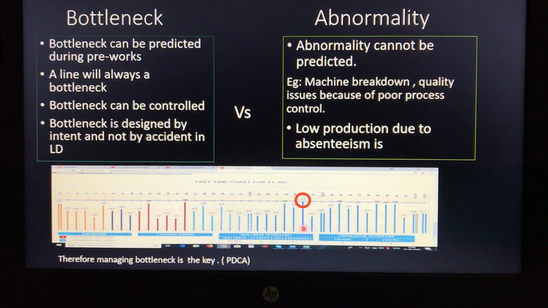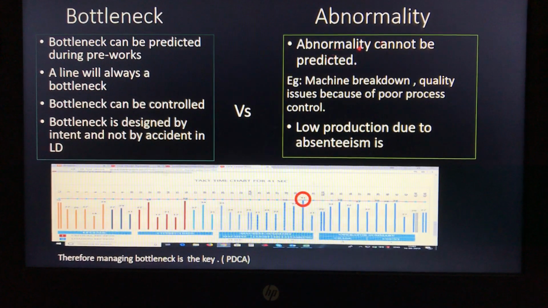So when the line is not producing the desired output or the designed efficiency, you need to identify your bottleneck and you have to identify your abnormalities discretely without mix-ups. Only then can we take the right actions. So that's about bottleneck and abnormality.